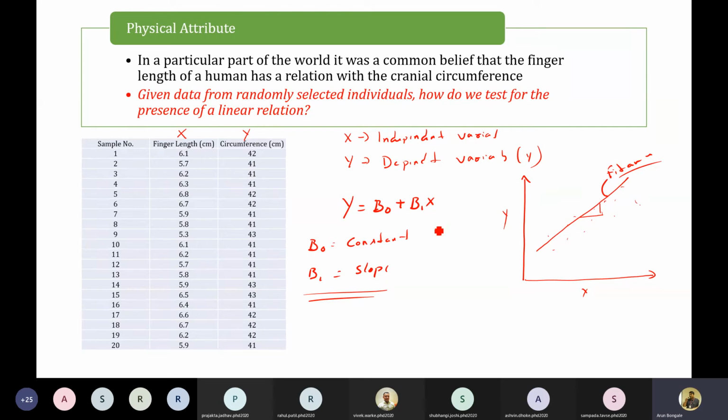So now it is said that if b1 is equal to 0, then we say that there is a linear relationship.